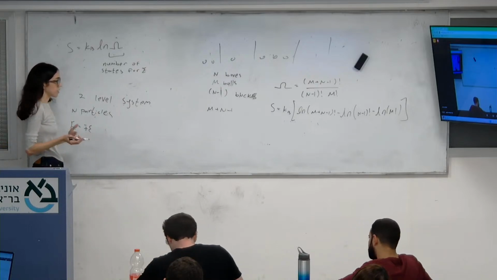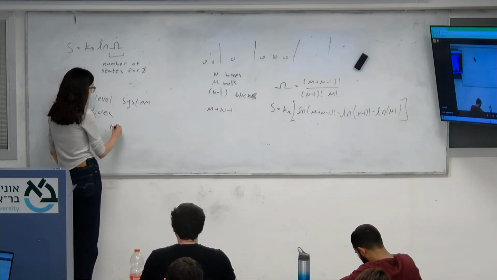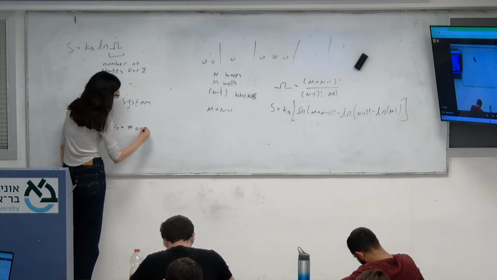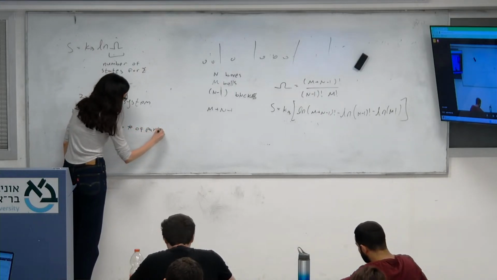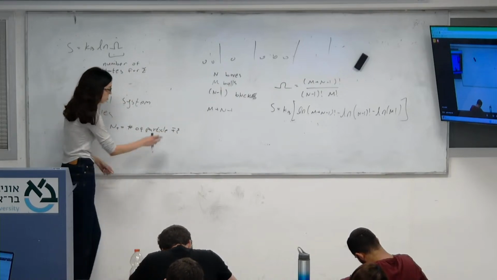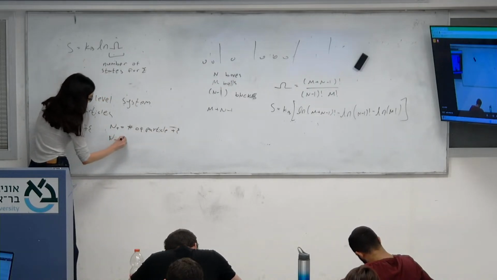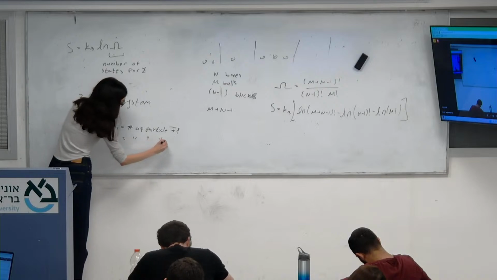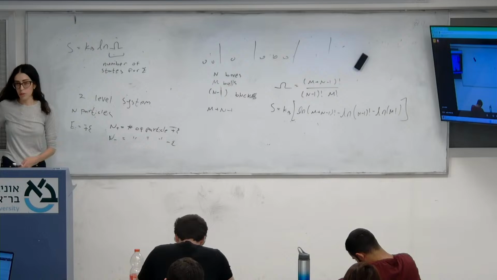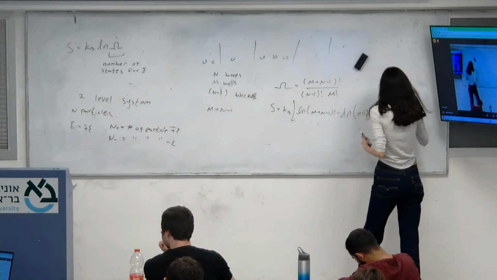In order to solve the problem, we define n plus as the number of particles with energy plus epsilon, and n minus the same with minus epsilon. Now we want to calculate the overall number of states, the same as we did here.